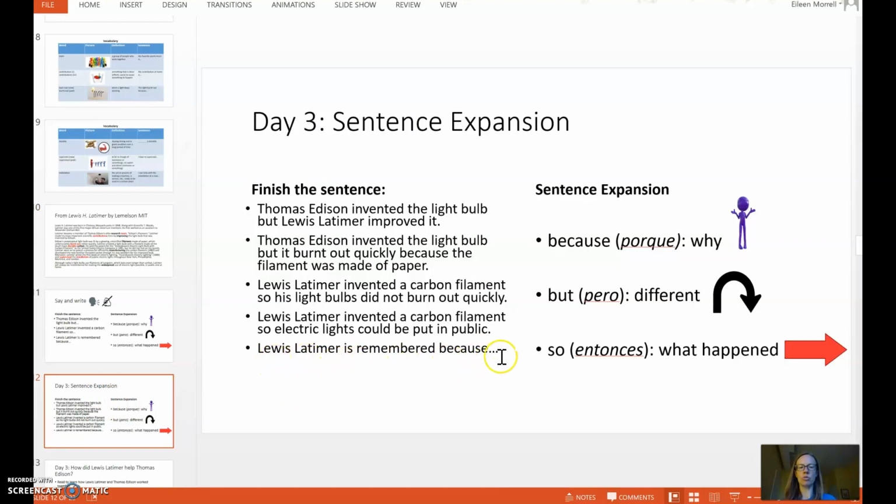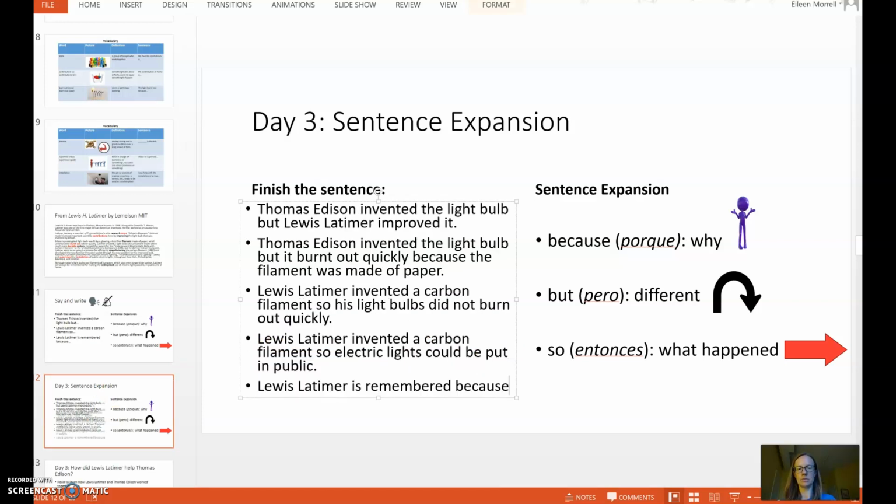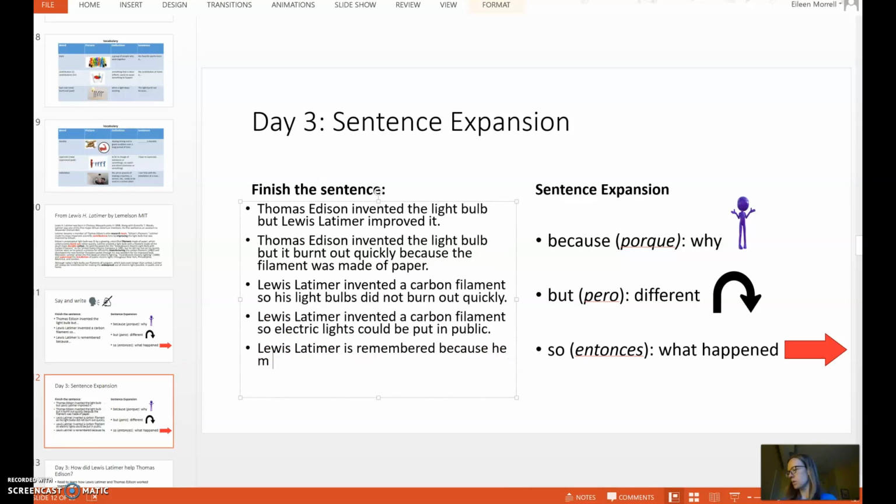Lewis Latimer is remembered because he made electric light bulbs common. I could say common, or I could use my vocabulary word, widespread, in public and in homes.